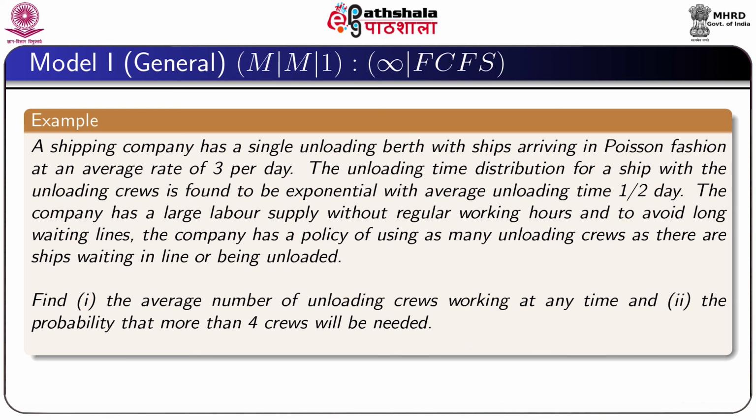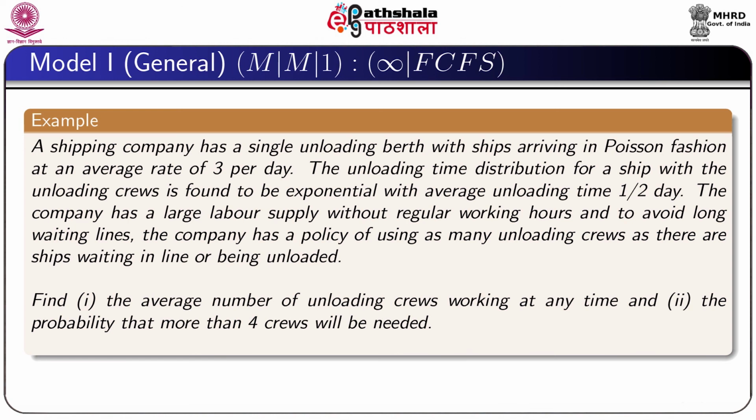The company has a large labor supply without regular working hours, and to avoid long waiting lines, the company has a policy of using as many unloading crews as there are ships waiting in line or being unloaded.